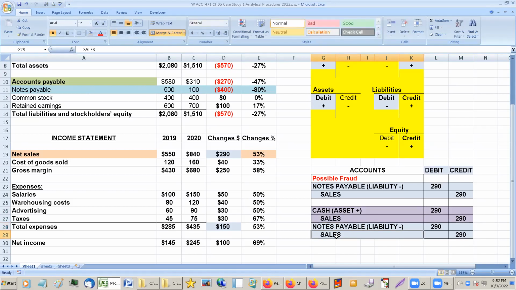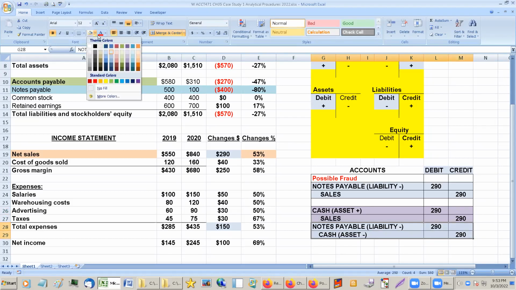No, but then also down here you go, okay, well, we use that cash to pay off our notes payable. It'd be a lot harder to find if they were to split it up into two different entries like this.